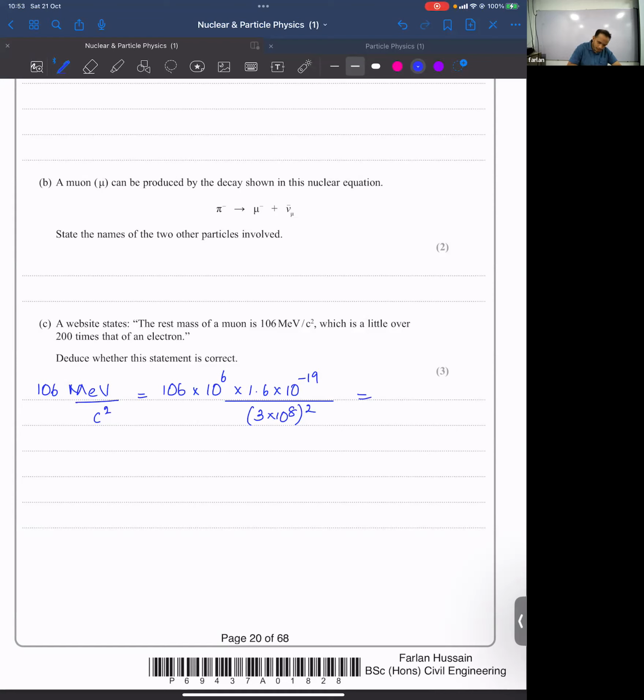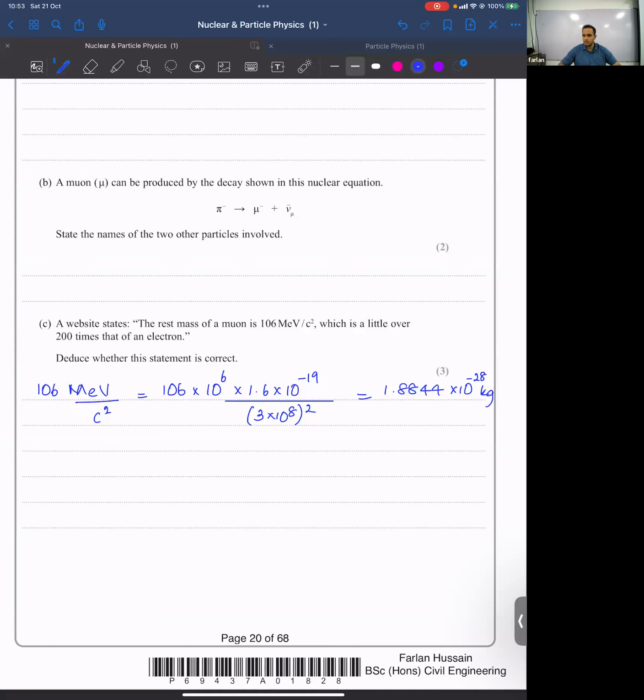That gives you the mass, 1.8844 into 10 to the power minus 28 kilograms. This is the mass of that particle in kilograms.